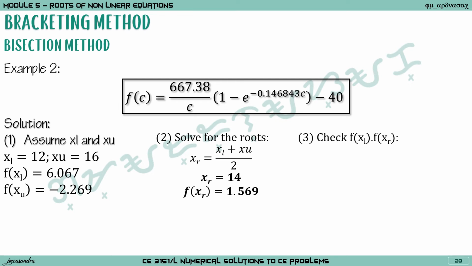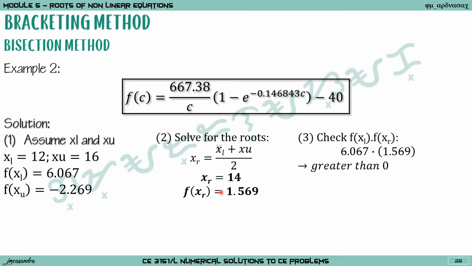So we check if the product between the function of xl and f of xr is less than, greater than, or equal to 0. So computing now, xl is 12 times xr, 1.569. So it's a positive value. So meaning it's greater than 0.